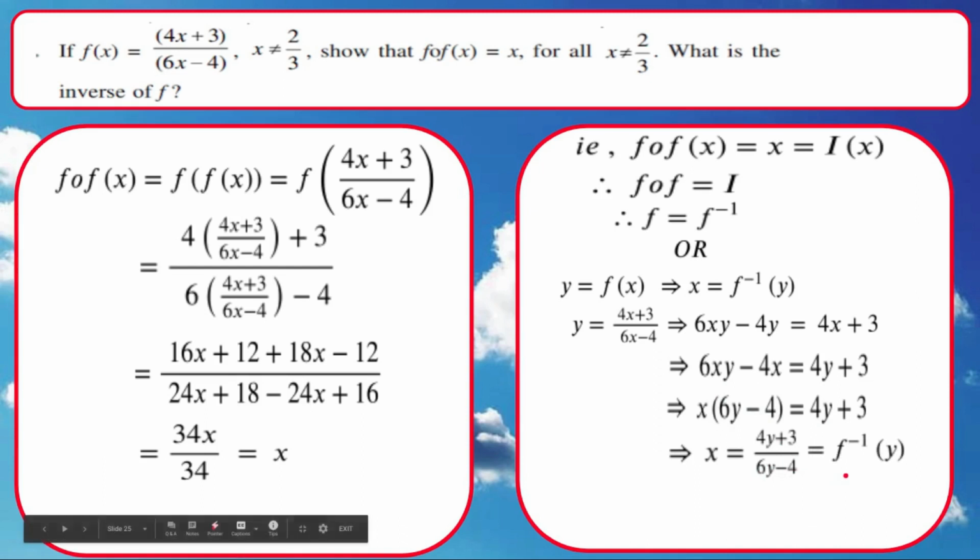That is f inverse of y. Okay, what is f inverse of x? You replace y with x, it is 4x plus 3 by 6x minus 4. It is the same function, and the same is what we got here. f inverse is f itself. It can be done in two ways. Okay, next problem.